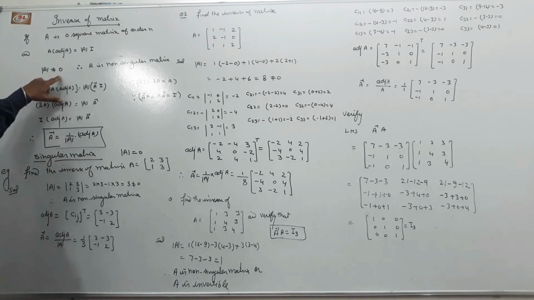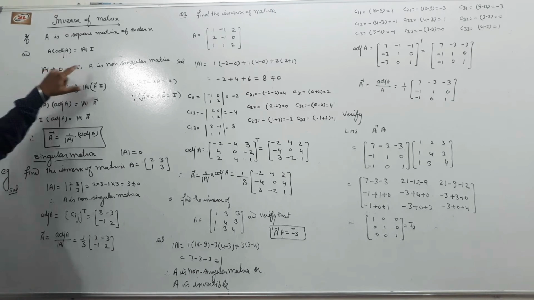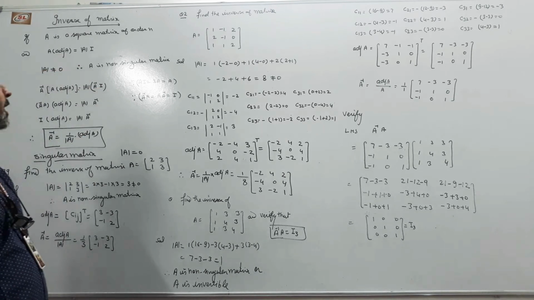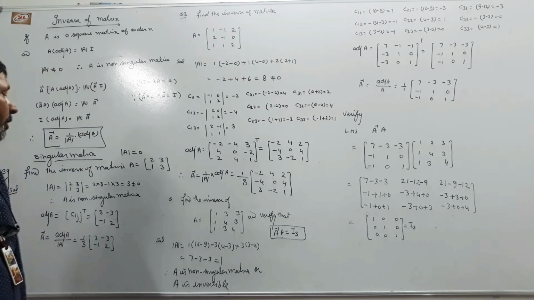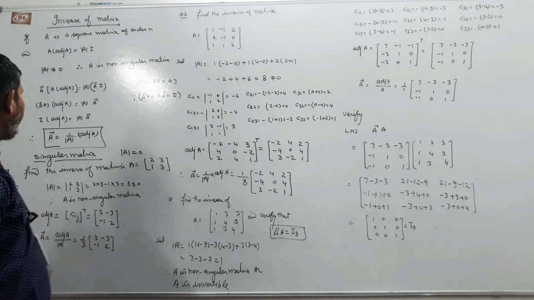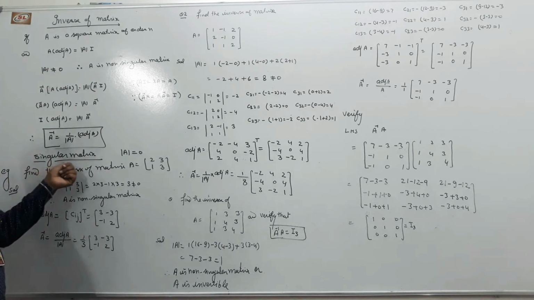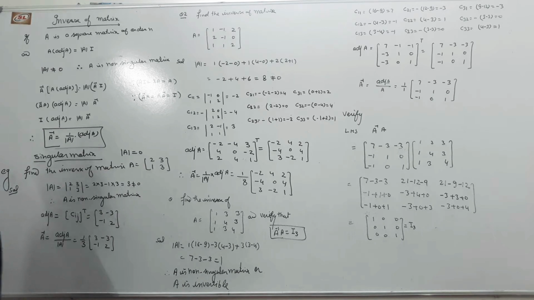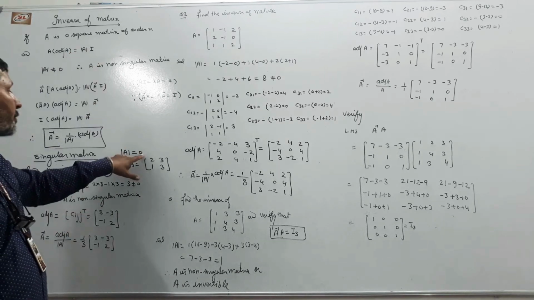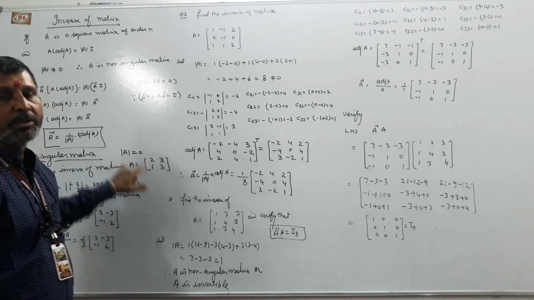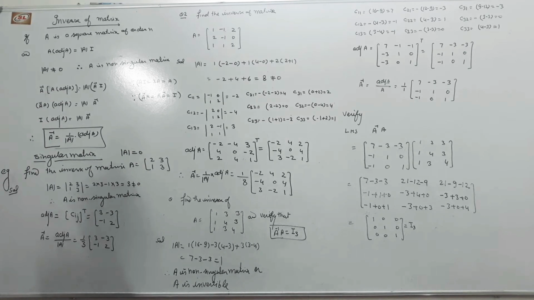If the determinant of A is not equal to 0, the matrix is known as a non-singular matrix, and if the determinant of a square matrix equals 0, the matrix is known as a singular matrix.